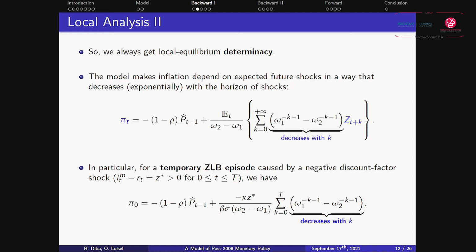That is thanks to the fact that we have local determinacy under exogenous policy instruments, and in particular under an exogenous policy rate, just like at the ZLB.